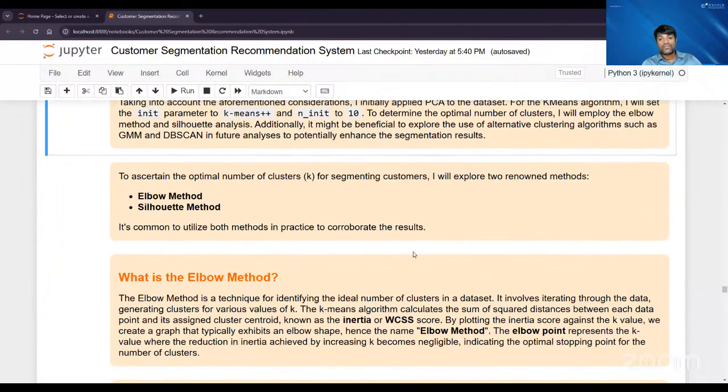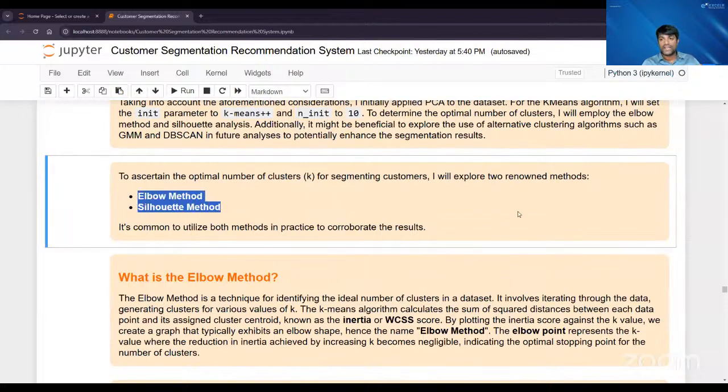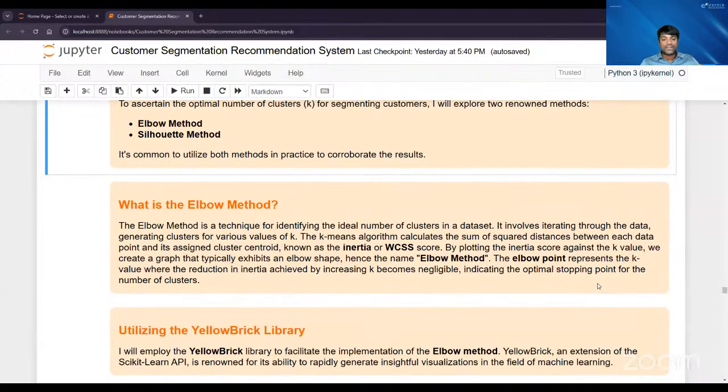Let us go to the very important part which we have to discuss: the elbow method and the Silhouette method. These are the two methods on the basis of which k-means clustering works. Let us see the elbow method. We call it the elbow method because the graph takes the form of an elbow.